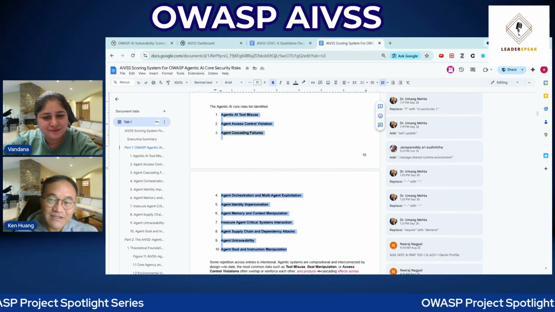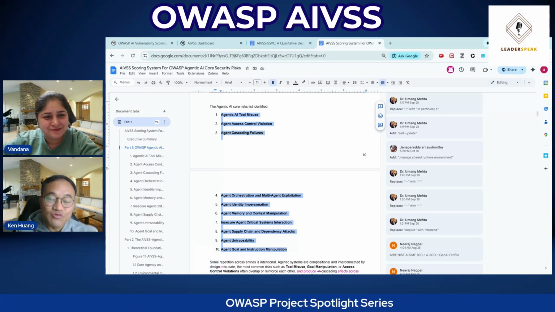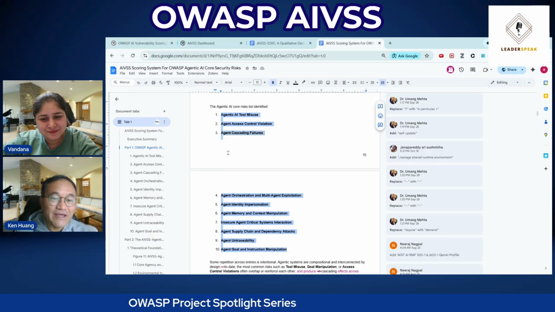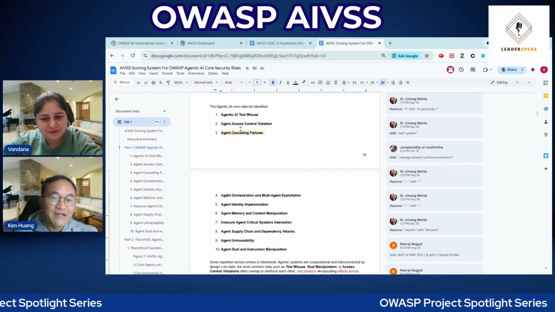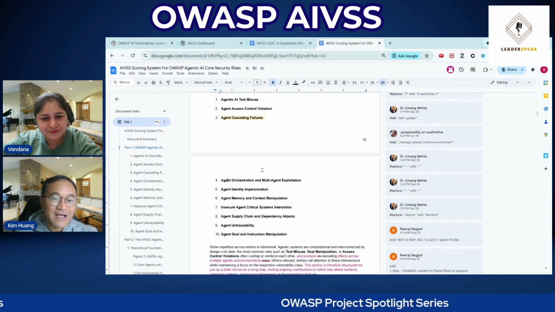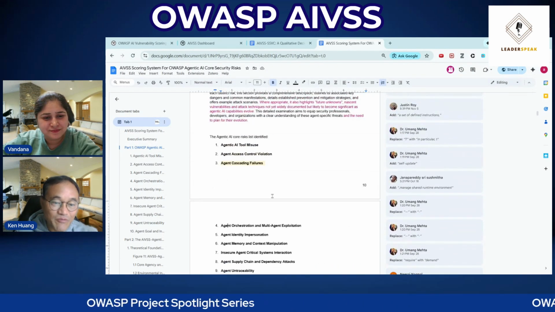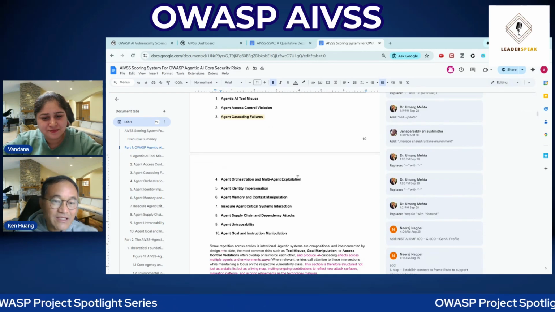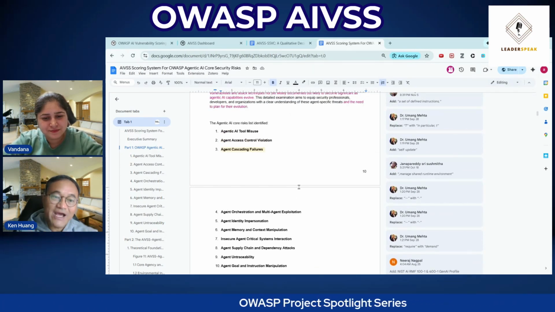In the future, if there's something more, we don't want to exclude it because of the number 10. Currently, the industry consensus is tool misuse, access control violation, cascading failure; all of this is core risk. And the majority of those items are adopted by the Top 10, and they have a mapping to AIVSS.